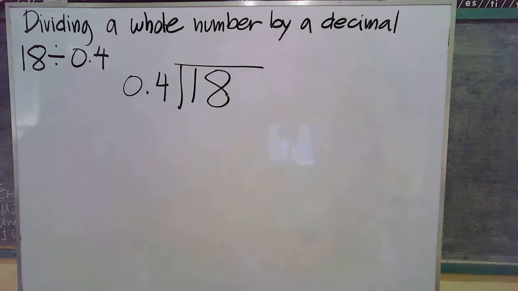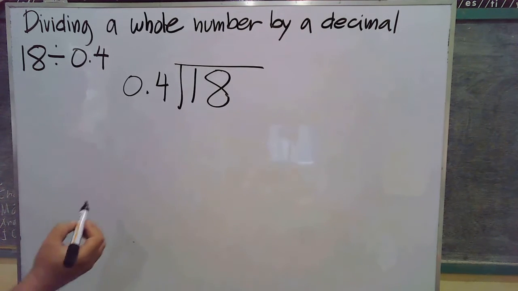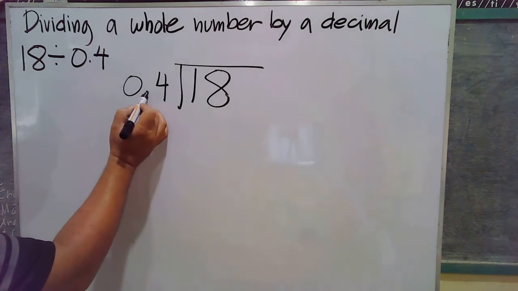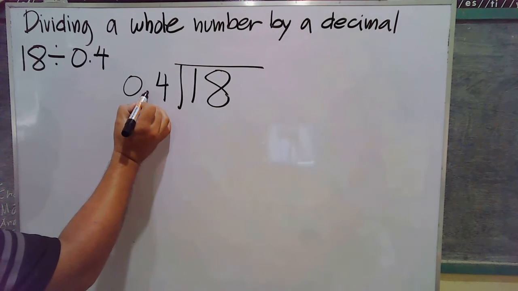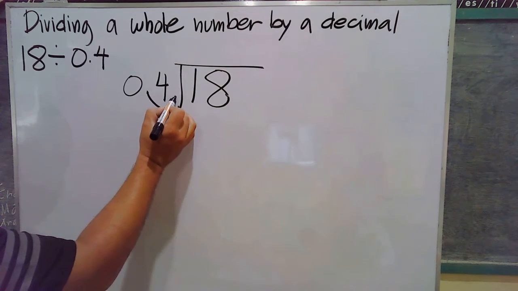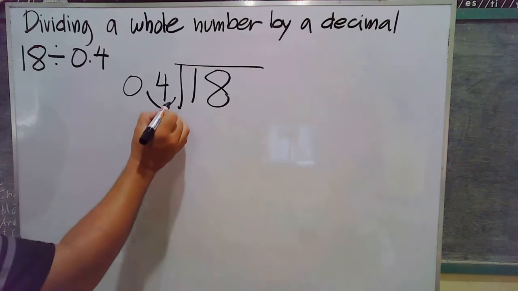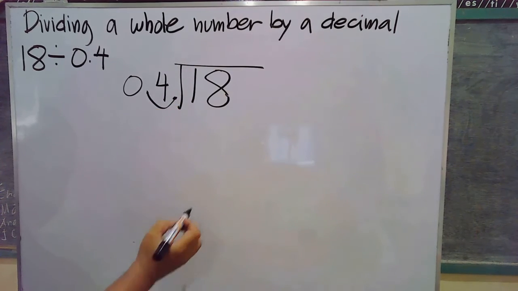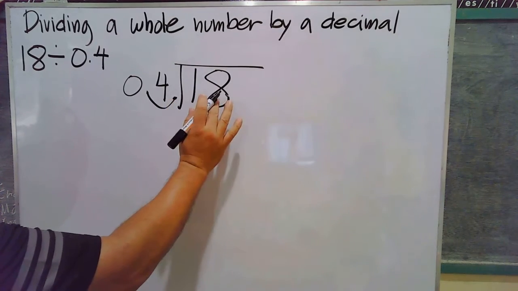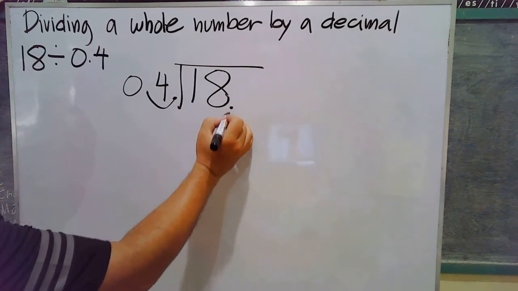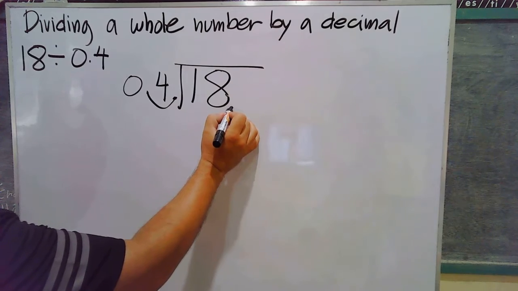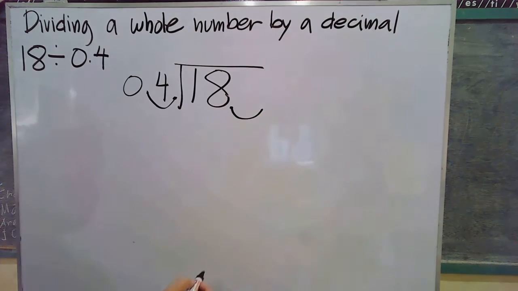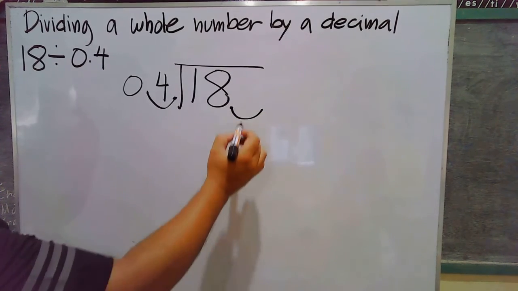If we transfer the decimal point here, we only transferred one step to make 0.4 a whole number. So for 18, as a whole number, this is the decimal point, we also need one step, so we add a zero here.